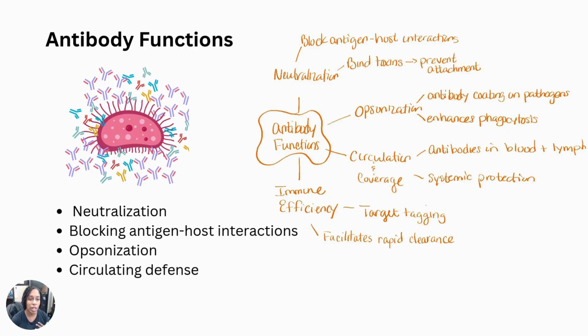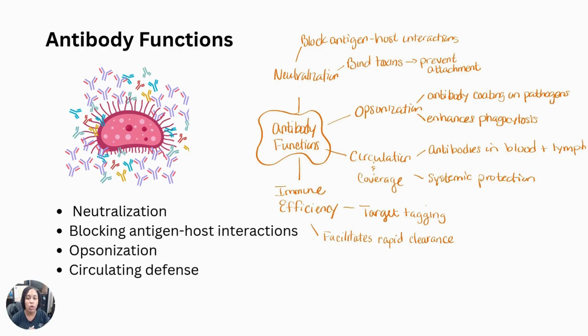Then we have circulation, which is our third branch, circulation and coverage, where the antibodies are traveling through the blood and lymph. And then we have immune efficiency, where there's target tagging and then facilitates rapid clearance, clearing all of the pathogens, antigens, and toxins out.